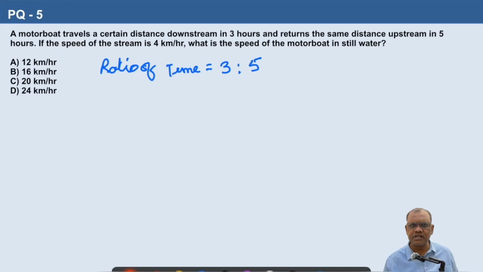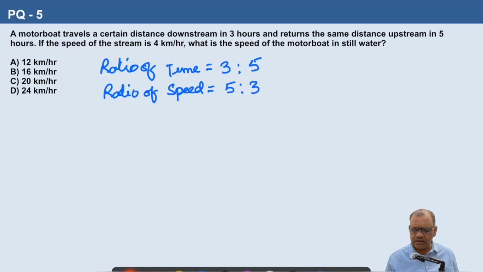As we know, time and speed are inversely proportional. So let us write down the ratio of speed. The ratio of speed is inversely proportional, so the inverse ratio is 5:3. Now the speed of the stream is 4 kilometers per hour.